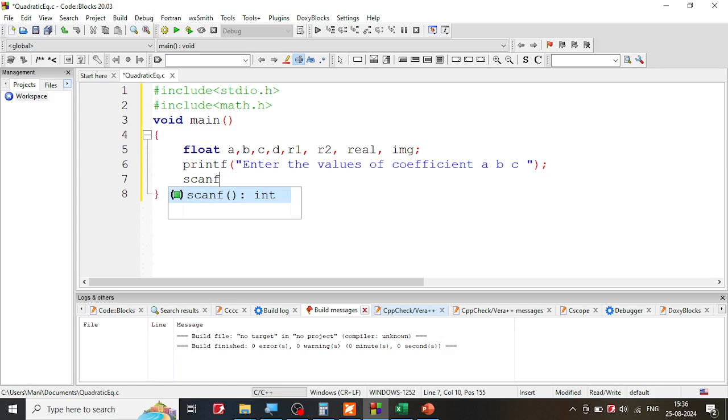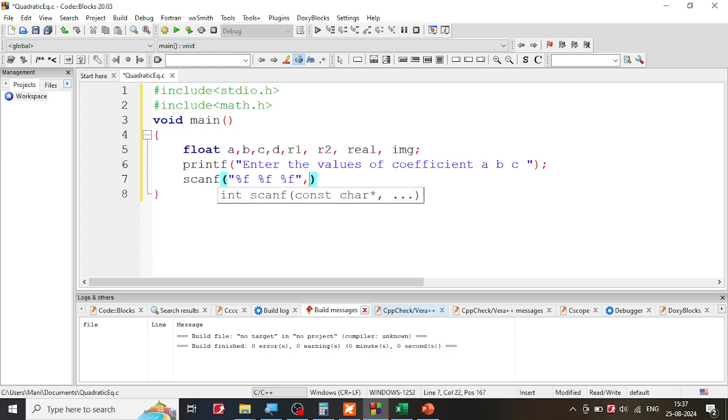Then I'm going to use the scanf function. In the scanf function, I have to read three numbers A, B, C, which are floating point numbers. So I need to read three floating point numbers. This is the first floating number, then a space, the second floating number, a space, the third floating number.